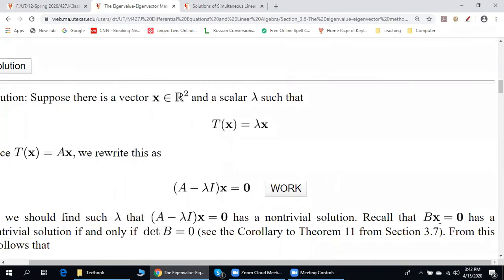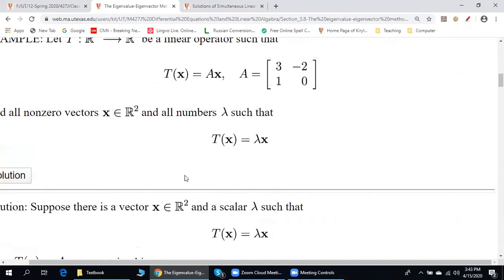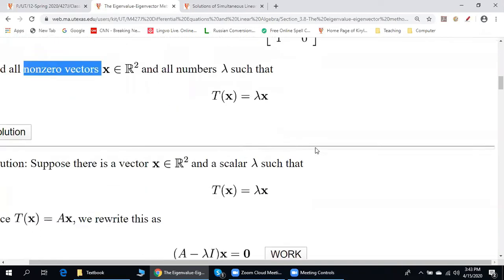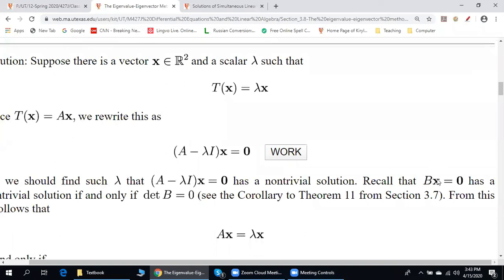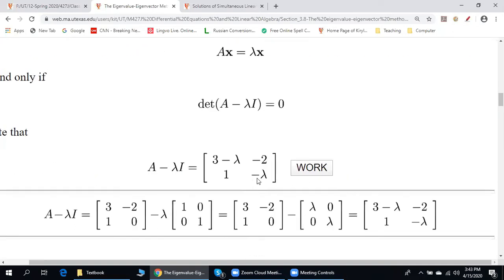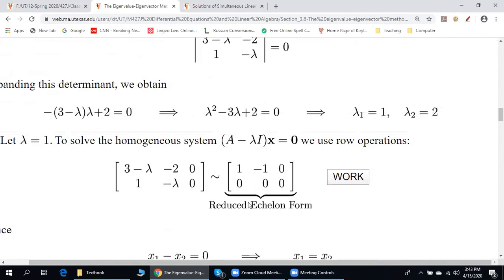Well, remember, vectors that we need are non-trivial solutions of this homogeneous system. Therefore, in order to find all non-zero vectors that satisfy this, we have to find all solutions of this homogeneous system. It's exactly what we do here.